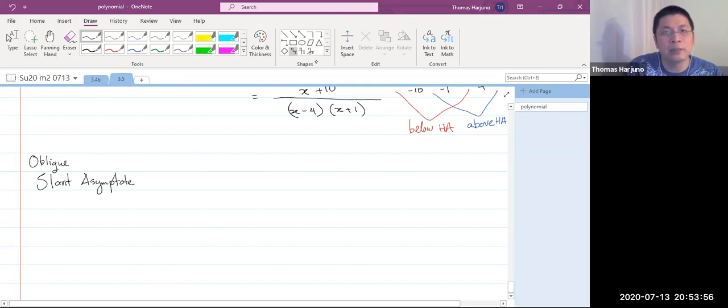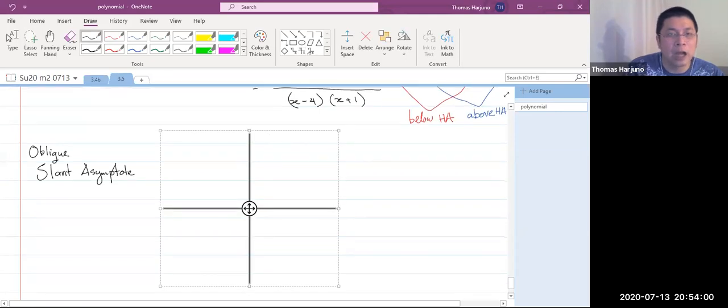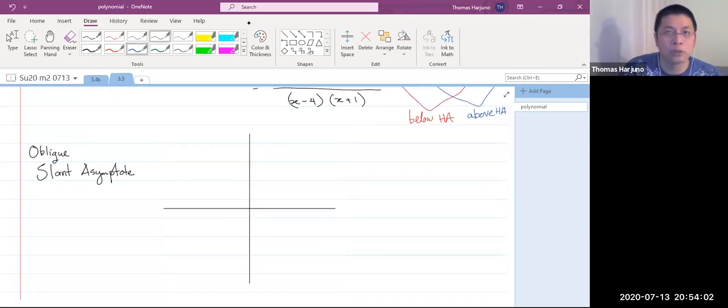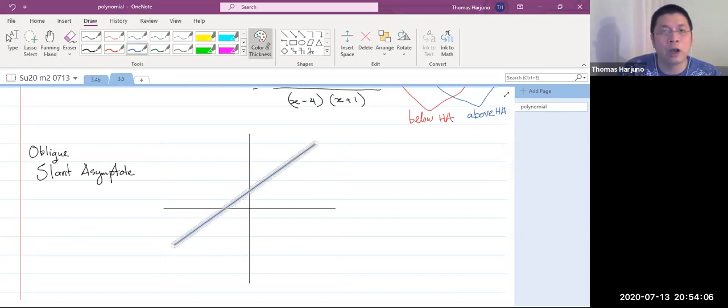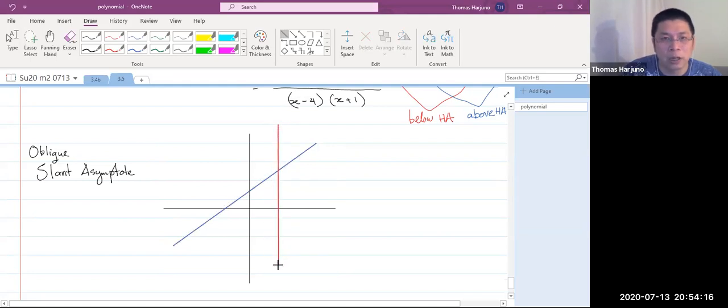Now, a slant asymptote or oblique asymptote is a line which is not vertical, not horizontal, to which the graph behaves like a horizontal asymptote, but this time you slant it. Let the red one be the vertical asymptote and the blue one be the slant asymptote.